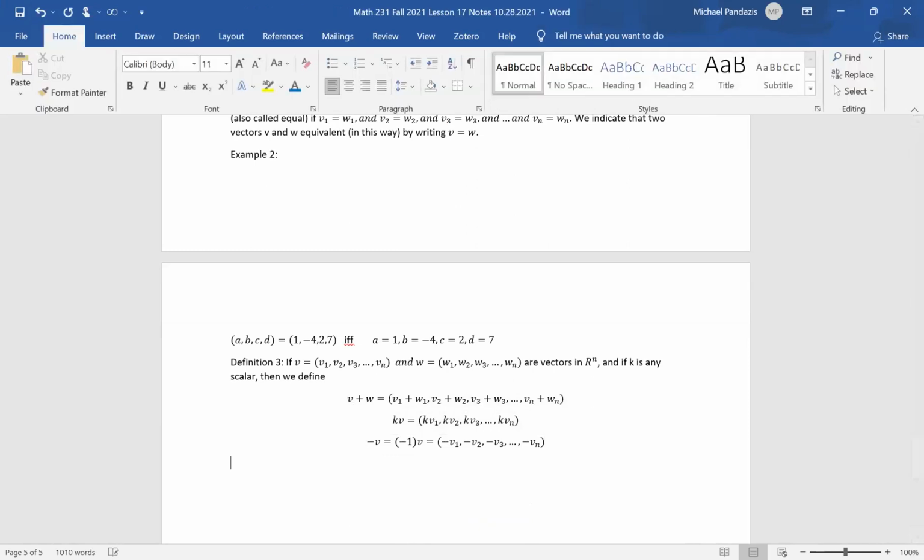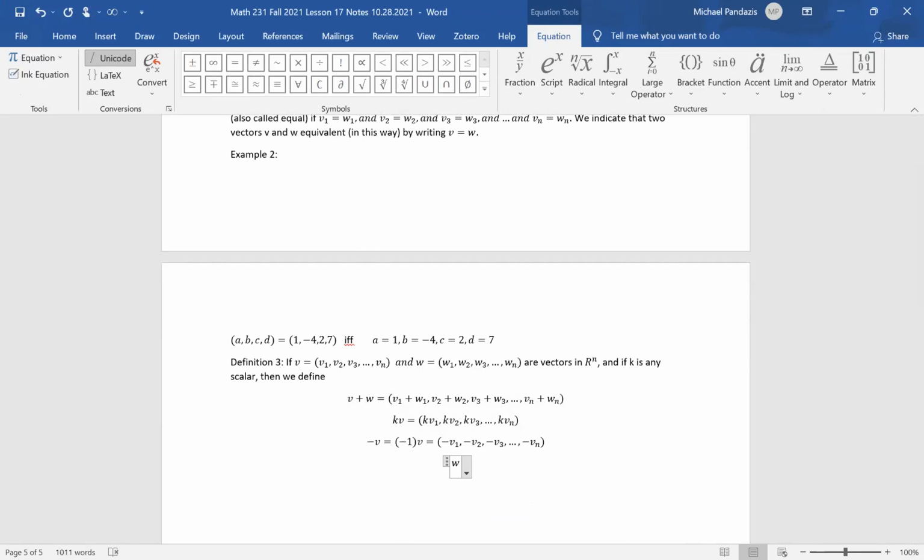Okay, and then w minus v, remember before, is equal to w plus negative v. And so by vector addition that we already did up here, v plus w, we apply it to w plus negative v.